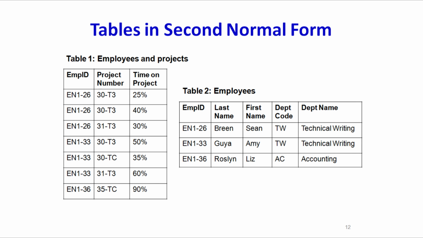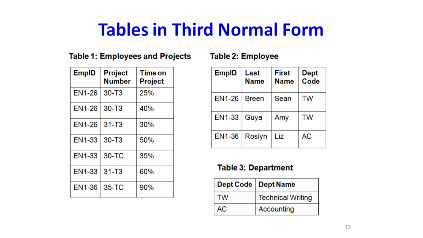Now, how can that data in first normal form be converted to a second normal form? We get 2 new tables. The first table is employees and projects, where we have employee ID column, project number column, time on project. And we have got employees table with employee ID, last name, first name, department code, and department name.